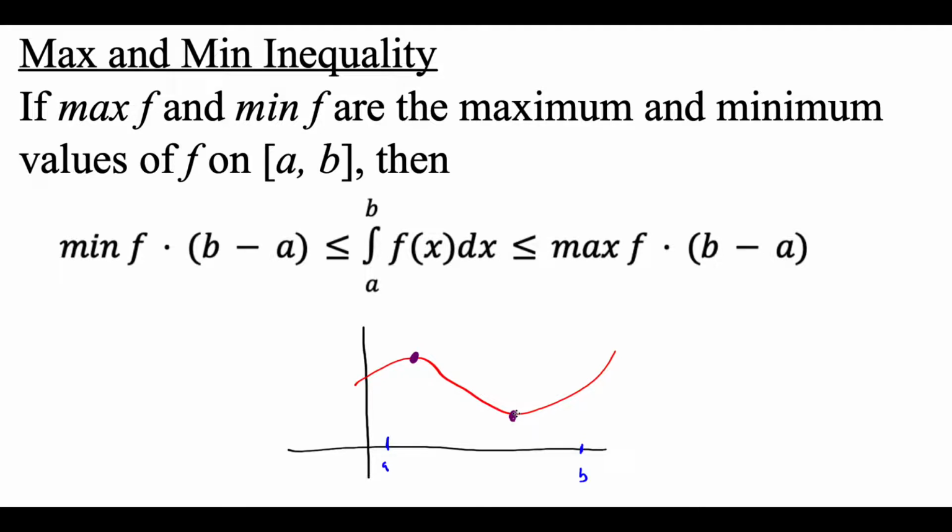If we make a rectangle along this minimum value between our a and our b, compared to the area underneath our curve between a and b, compared to a rectangle using our maximum value, the minimum rectangle has the lowest area answer.